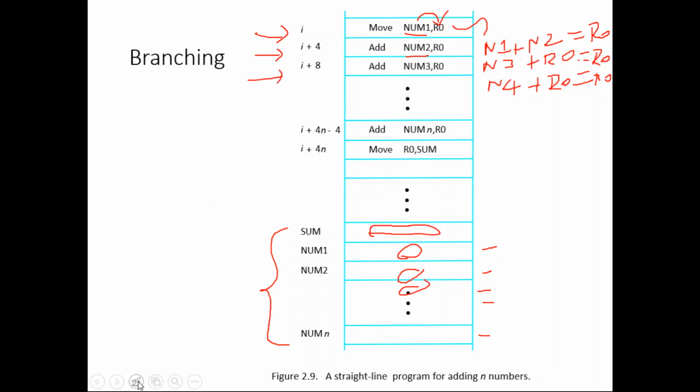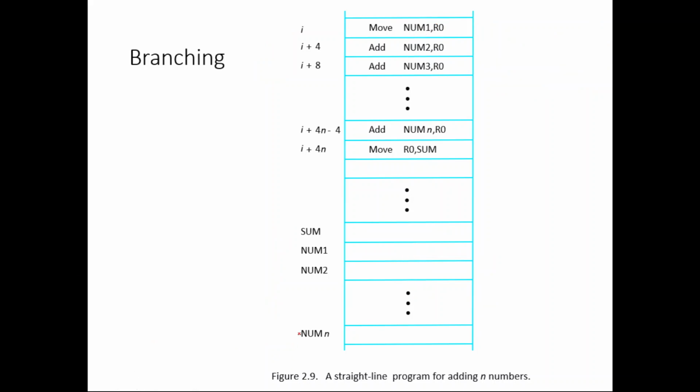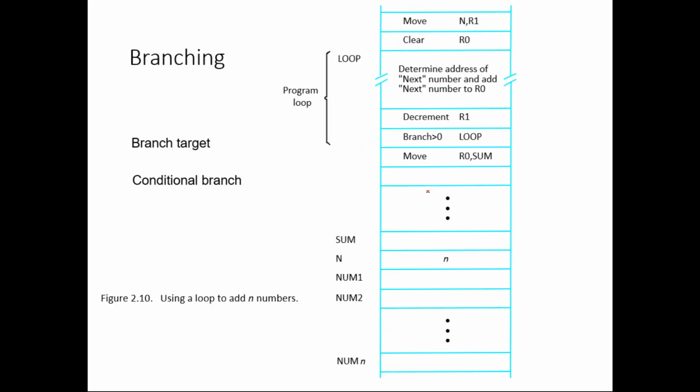But generally we can't write this many instructions because we don't know what n is and how long we should do this. So we will use a for loop. If you use a loop, then this program will be modified something like this.